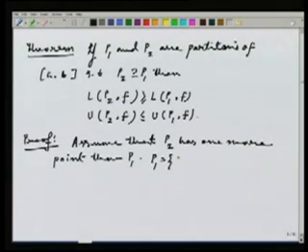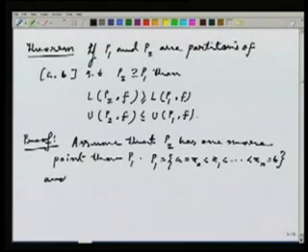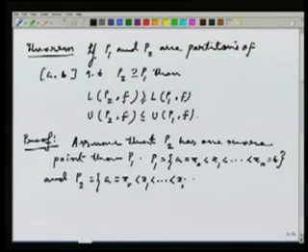Let us assume that P1 equals x0, x1, up to xn, and P2 is x0, up to xi minus 1, then the additional point x star, then xi, up to xn.